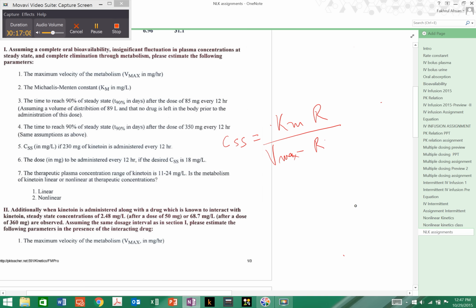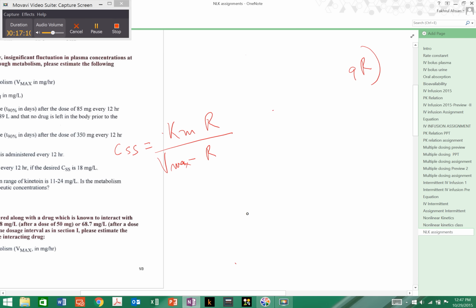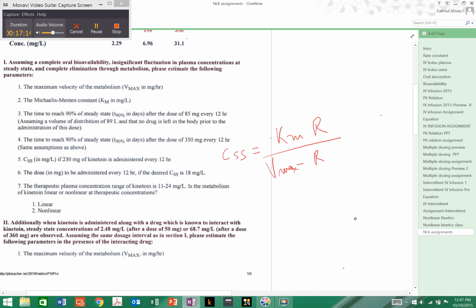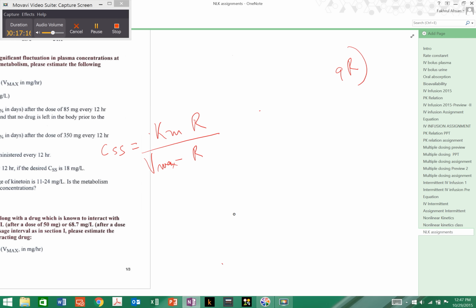So the only thing that changes here is your R, which is the administration every 12 hours. So R would be 230 milligram per 12 hours. That means 460 milligram per day. This is your dosing, right?